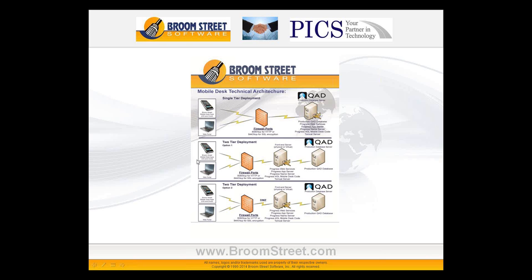Another option is a 2-tier deployment where you're taking your mobile device or computer, going through the firewall, hitting a front-end server, whether it's a virtual server or a physical server, and then connecting to QAD. You can also set up your virtual server on a DMZ port.